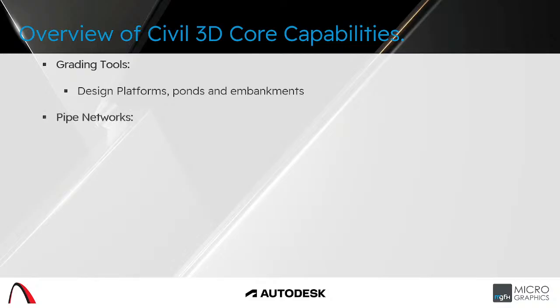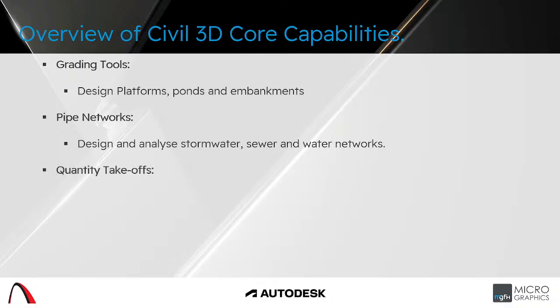And then pipe networks, where we design and analyze stormwater as well as sewer and water networks. And then lastly, we have quantity takeoffs. That is where one could calculate the cut and fill volumes and provide material reports for the materials that are within the model space.